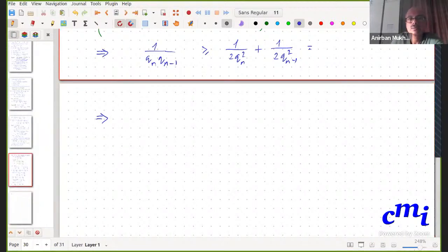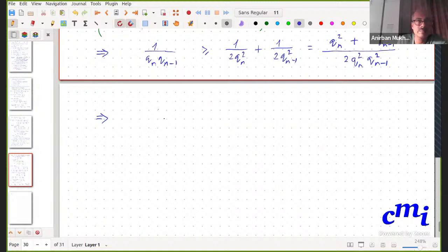So this is 2Qn square plus 2Qn minus 1 square by 2. This is Qn square, Qn minus 1. Yeah, this is what we get.